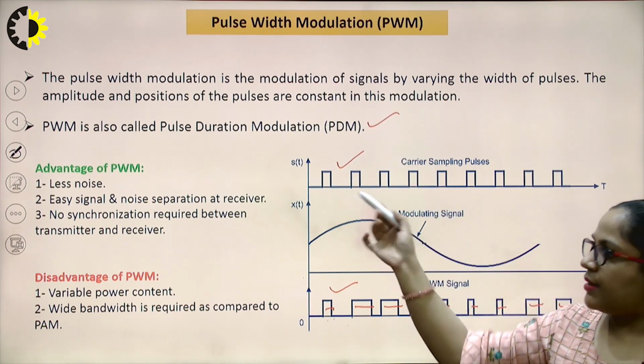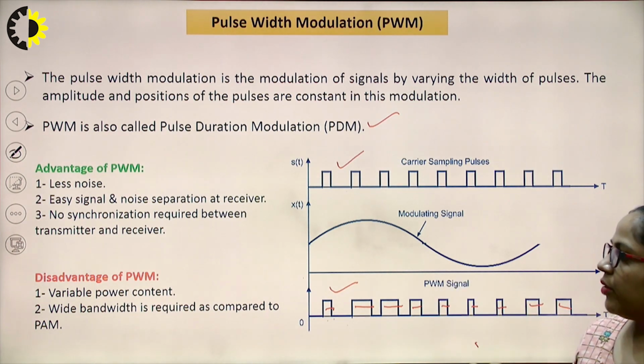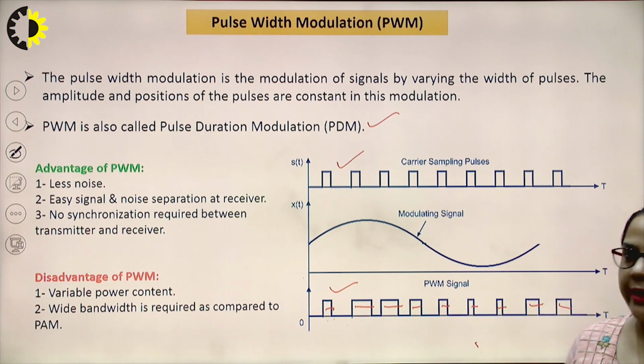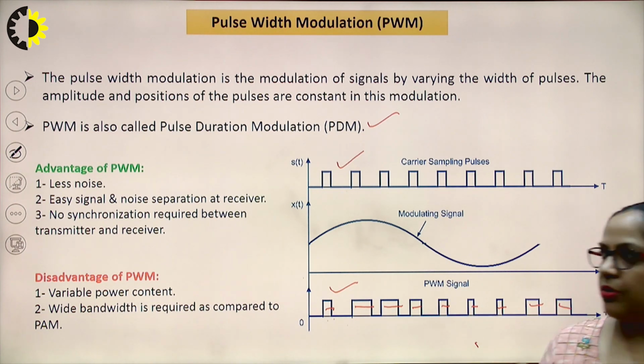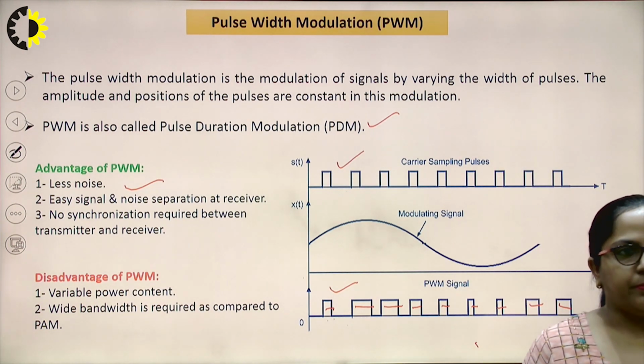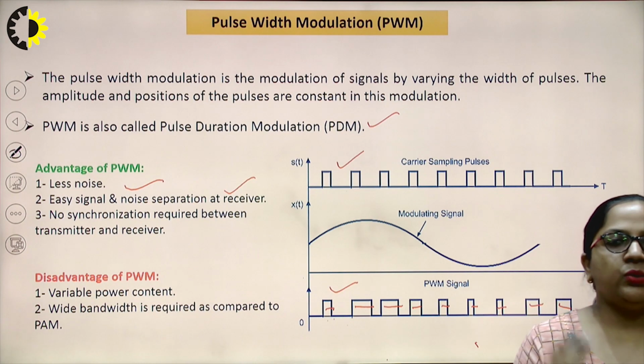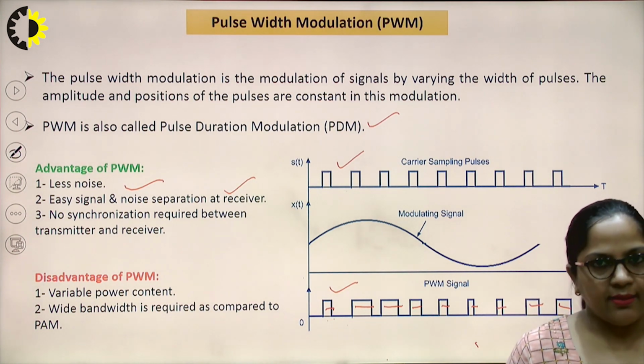What are the advantages and disadvantages of pulse width modulation? In case of pulse width modulation, as the amplitude of the modulated signal will remain constant, the effect of noise is less in case of PWM. In case of PWM, it is easier to separate signal and noise at the receiver.